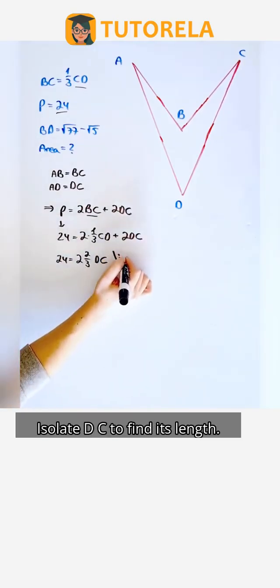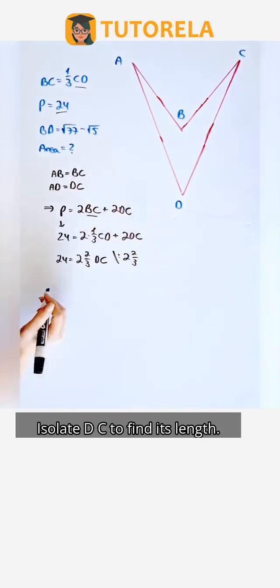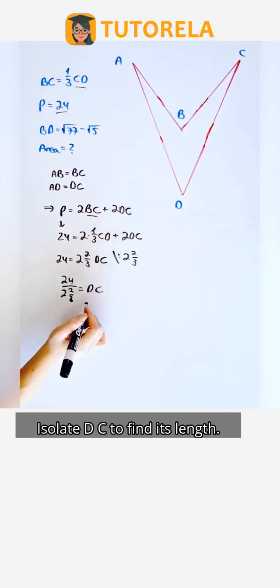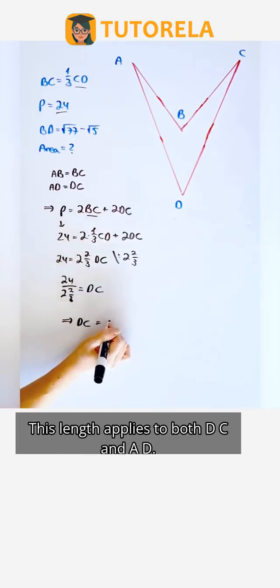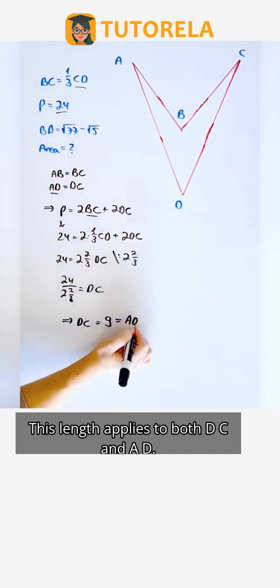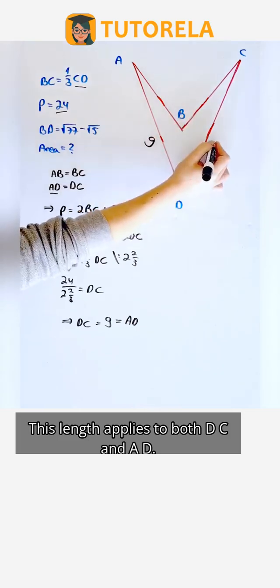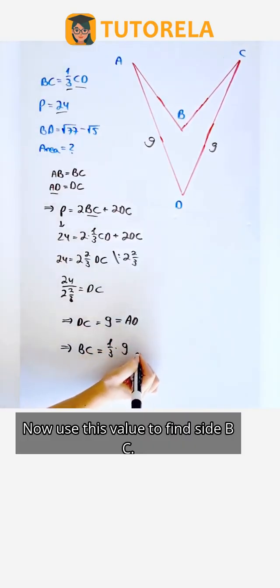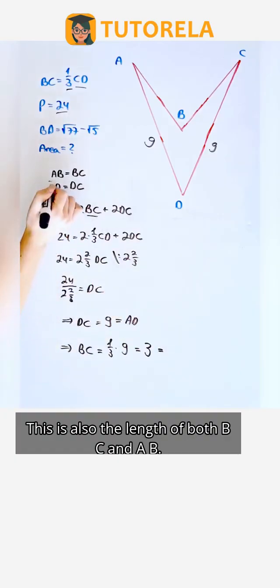Isolate DC to find its length. This length applies to both DC and AD. Now use this value to find side BC. This is also the length of both BC and AB.